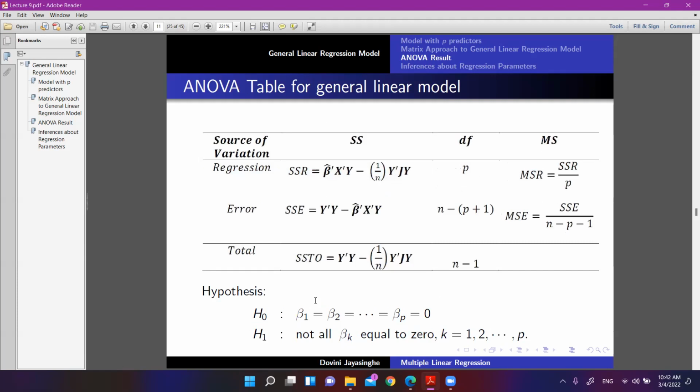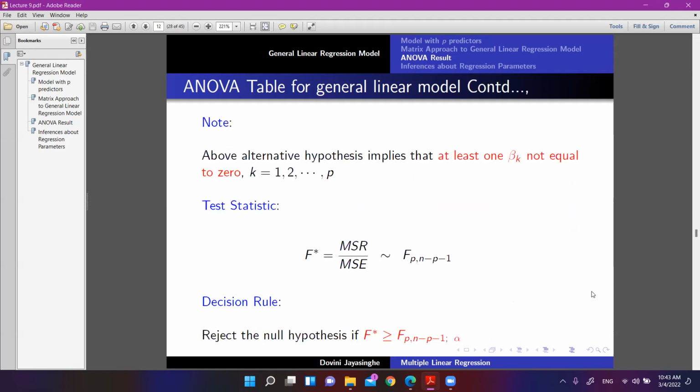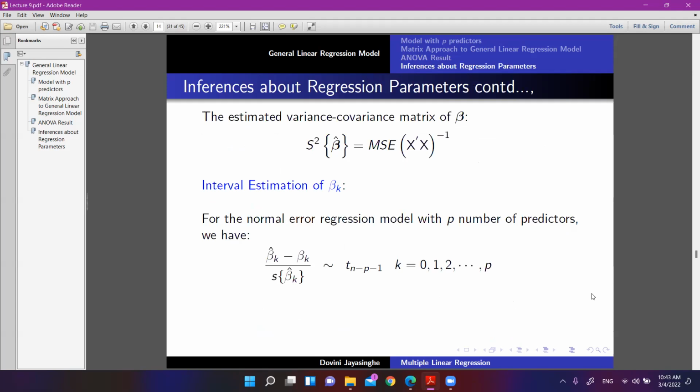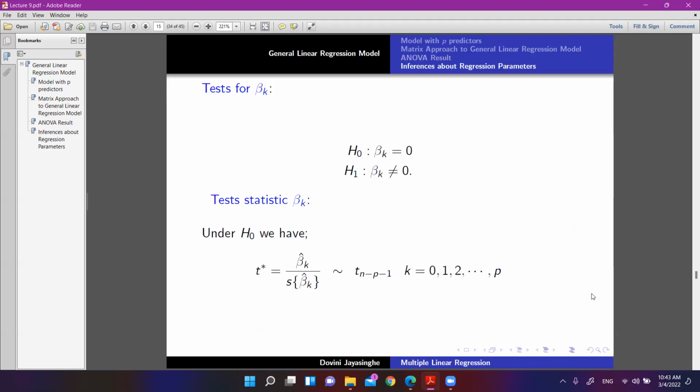By this test, if this is rejected, you don't know which variable or variables are significant. But what you know is this model is somehow significant. It could be used. If you want to individually check which variables are significant, you can do this test one at a time.